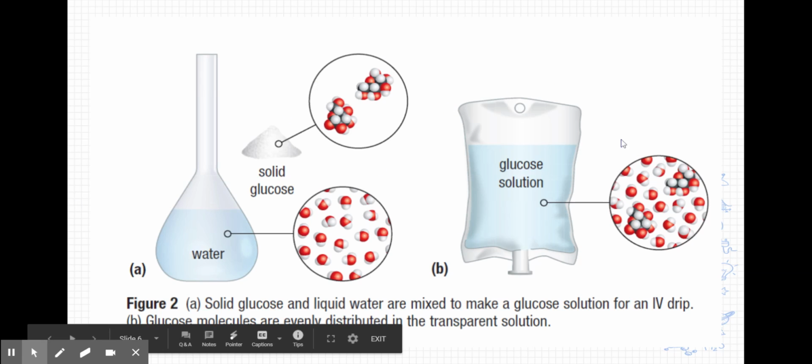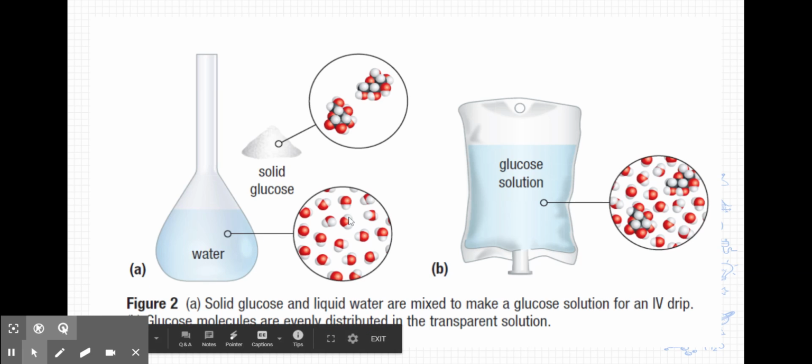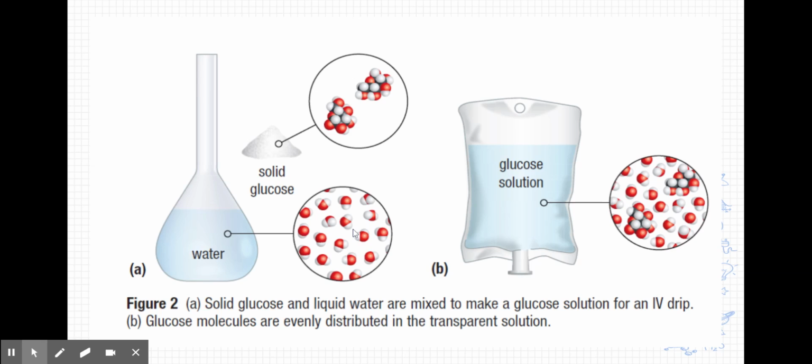Let's consider some particle diagrams for some solutions here, because it's helpful to visualize these, because the difficulty with solutions is that they look like pure matter. If you look at tap water and pure water on a macroscopic level, they look the same. If we were to zoom in at the particle level for pure water, we would see only one type of particle.